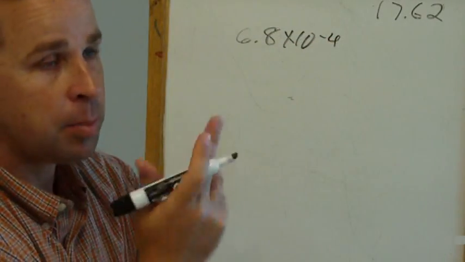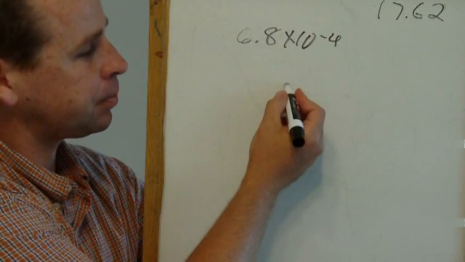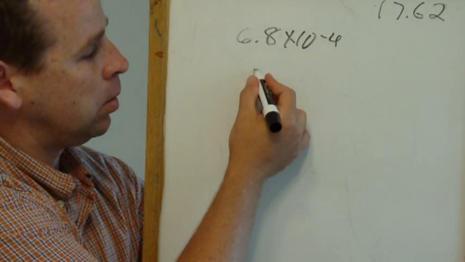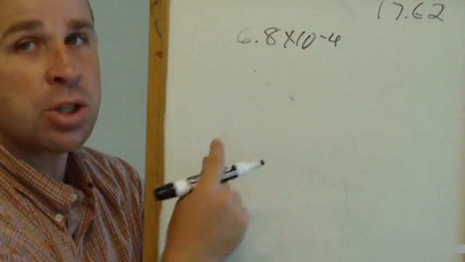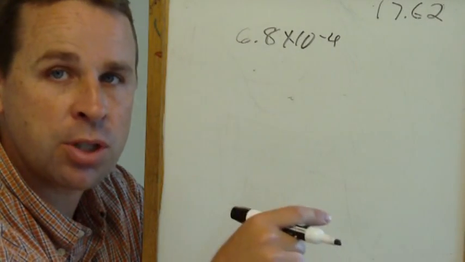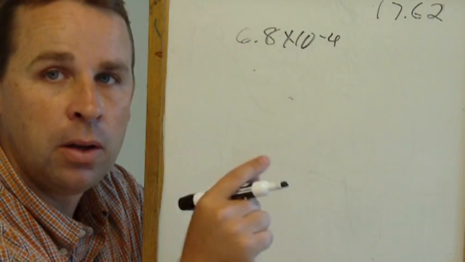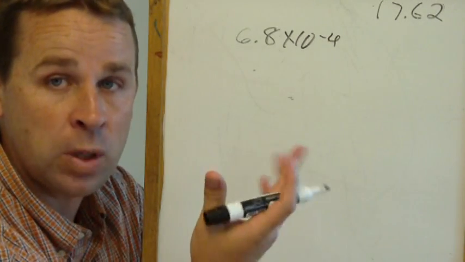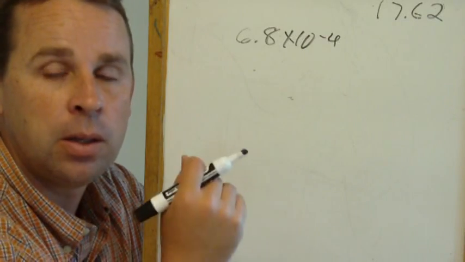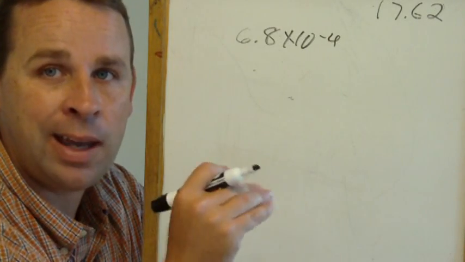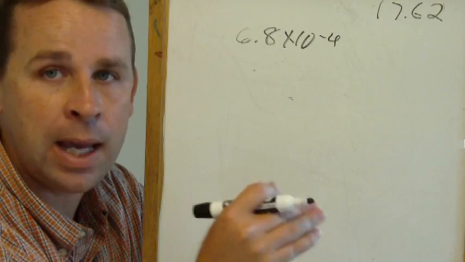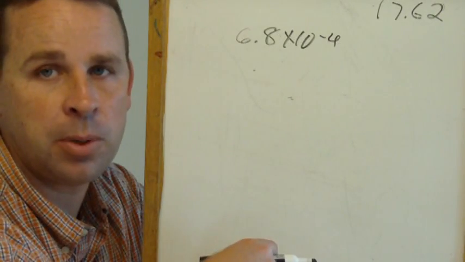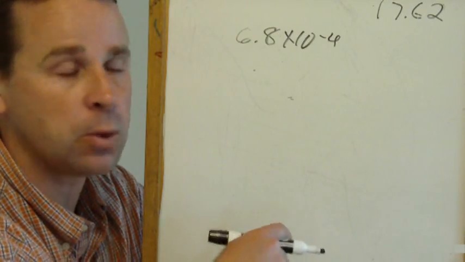Well, just like the concentration of the hydronium ion and the concentration of the hydroxide ion have a product of 1 times 10 to the minus 14, the product of the Ka for an acid and the Kb for its conjugate base is also 1 times 10 to the minus 14.